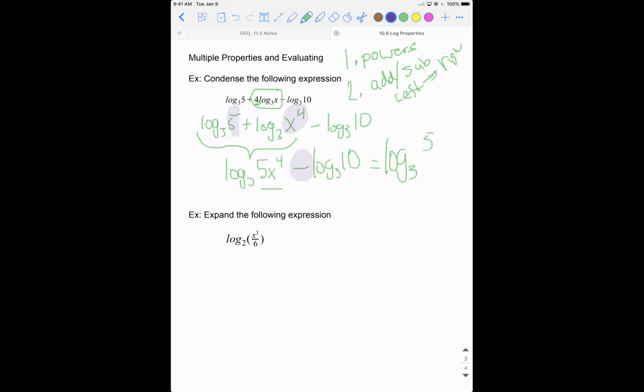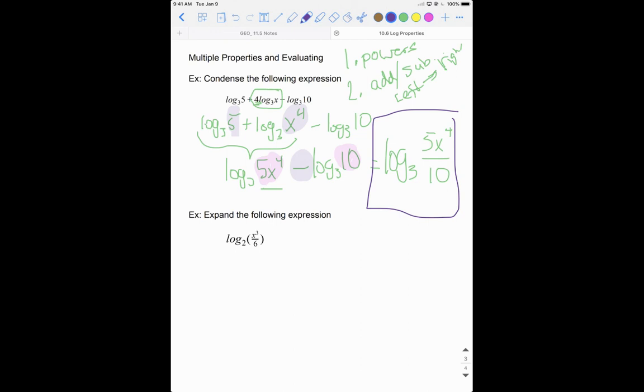On top, 5x to the 4th divided by 10. So we took each of those pieces, first piece divided by the second piece. We've gotten it down to one single log, which is good. That's our goal of condensing, and that's the furthest we can condense.